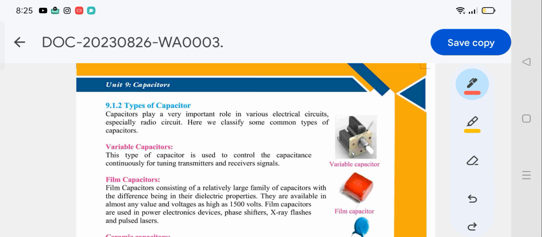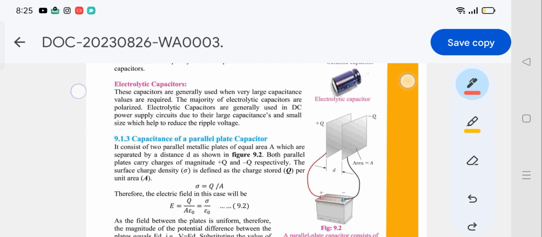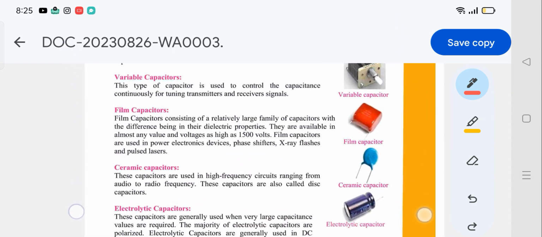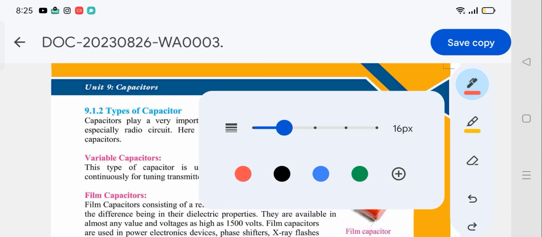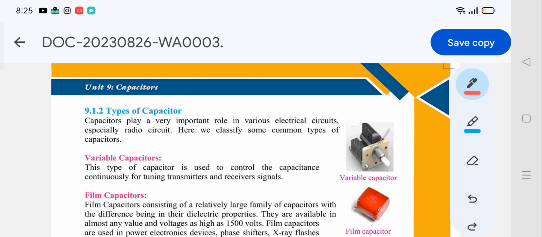Now this is just theory, so we are going through our book, that is the Sindh board book, right? And this is basically page number 185. So we are going with the types of capacitor initially. Capacitors play a very important role in various electrical circuits.